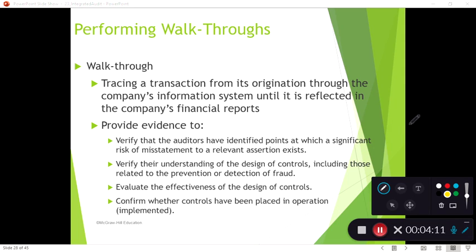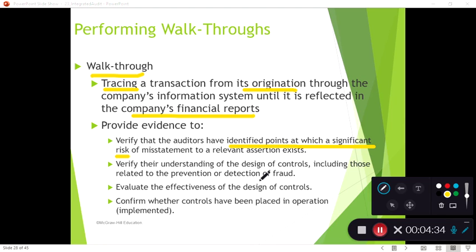Okay, so then what are we going to do? We're going to do a walkthrough, and that's basically you're going to trace a transaction from its origination up until the transaction gets to the financial reports. And what are you going to do there? One, you're going to look for points at which there's a significant risk, right?